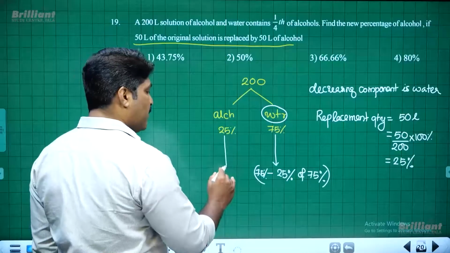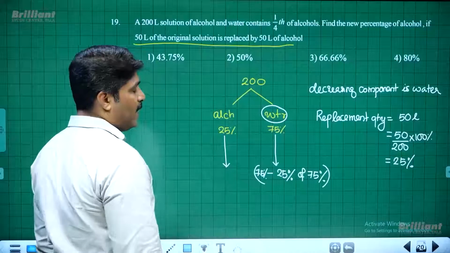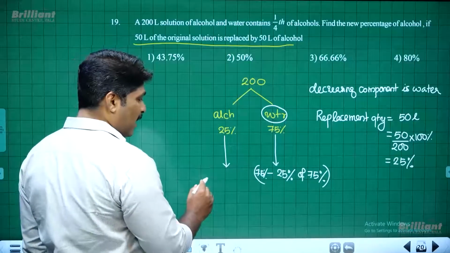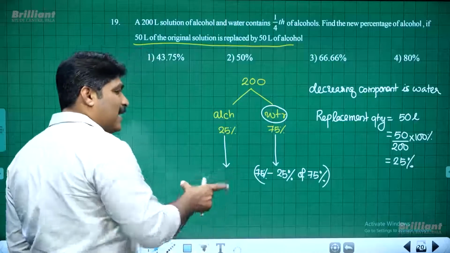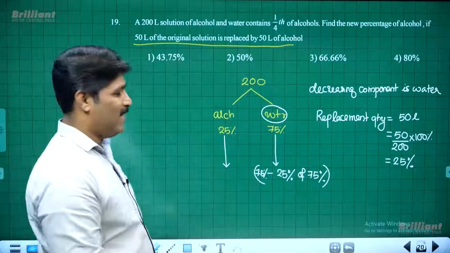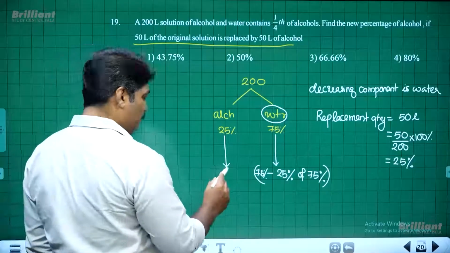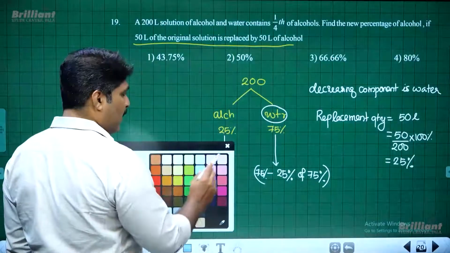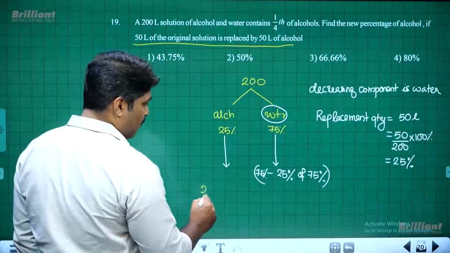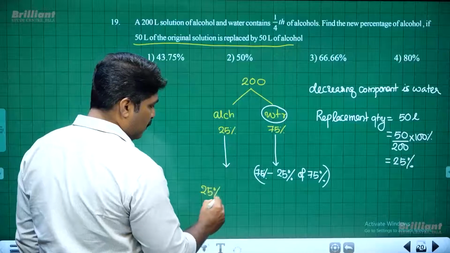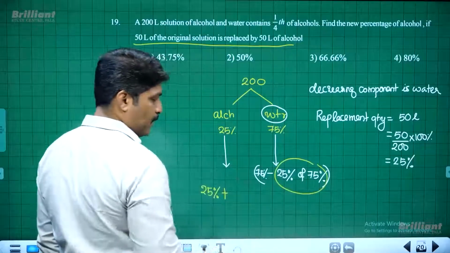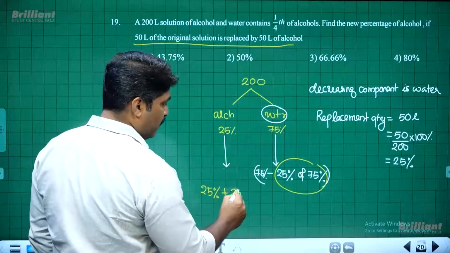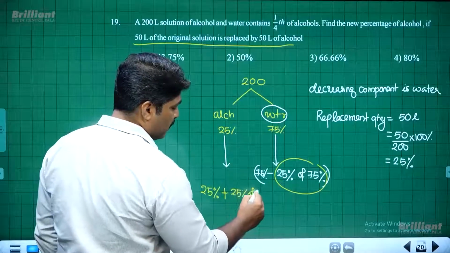Then the decreasing component is added to alcohol after the replacement. So the final percentage of alcohol is initially 25% plus 25% of 75.